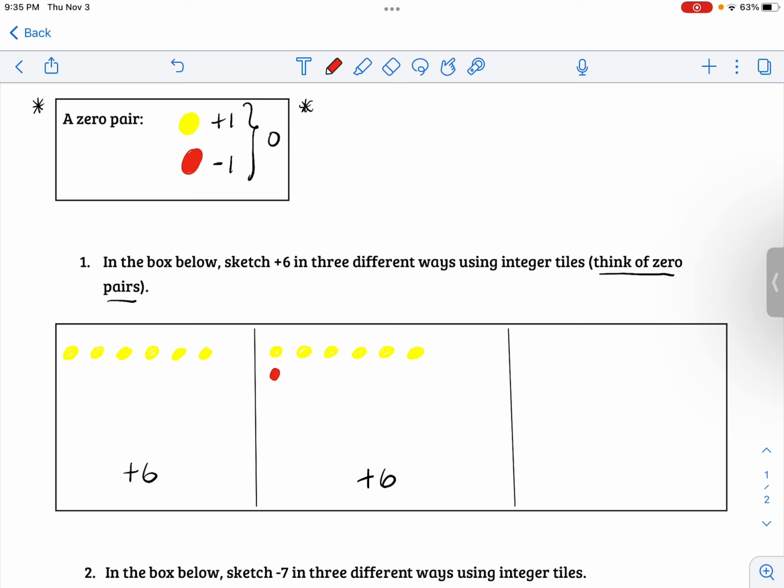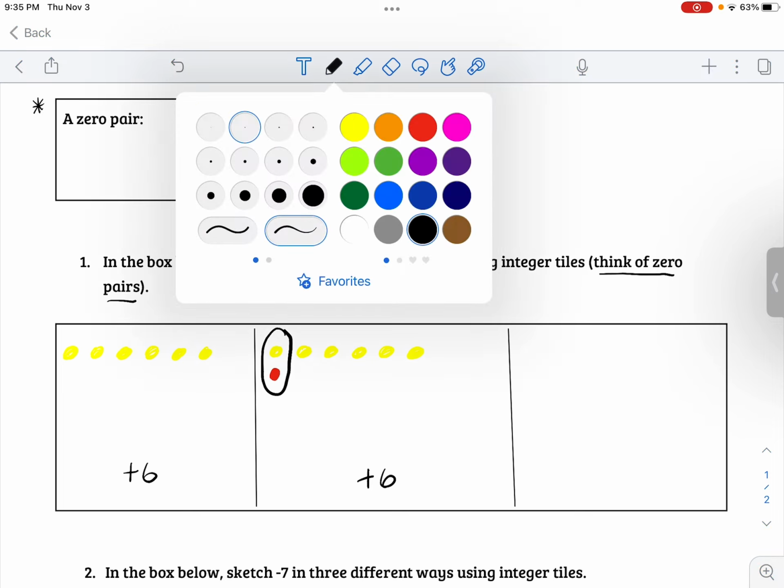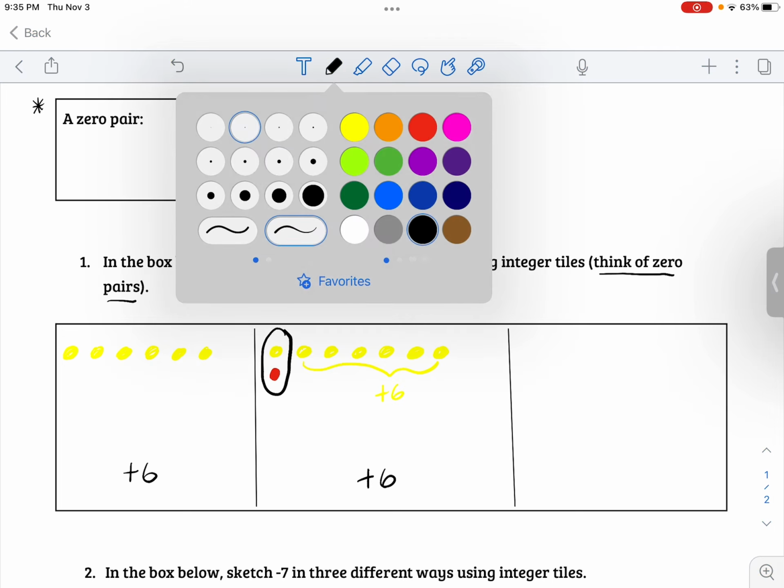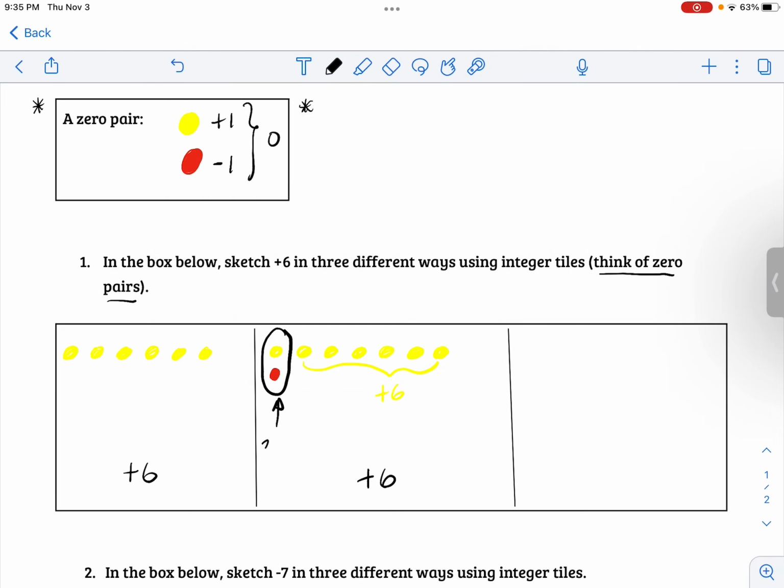Remember, a zero pair, if you have a positive tile and a negative tile, cancels each other out. So we're actually left with +5 if that's the case. So we need to add one more to make it represent positive 6. Again, we're using the idea of the zero pair. So this is a different representation, although both this picture and this picture represent positive 6.